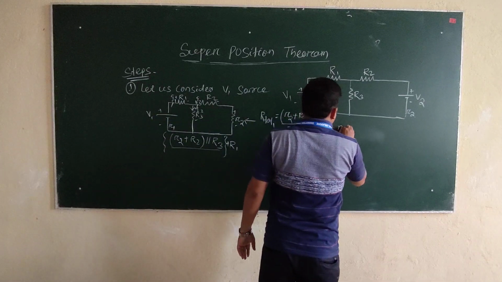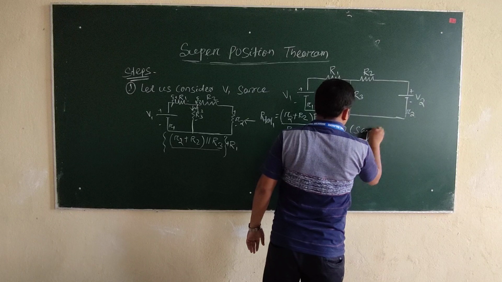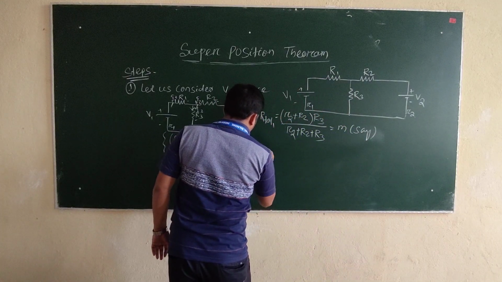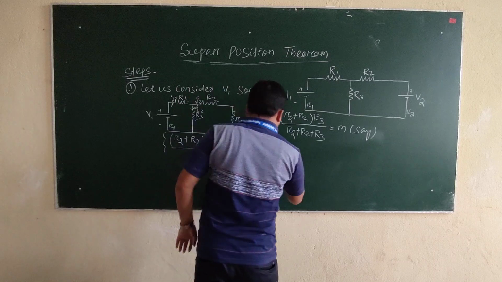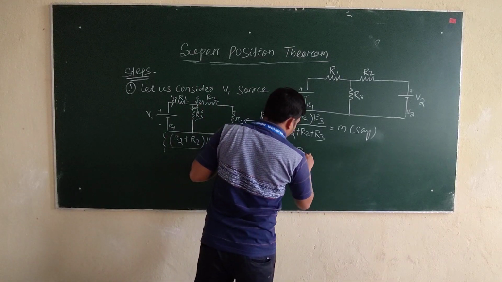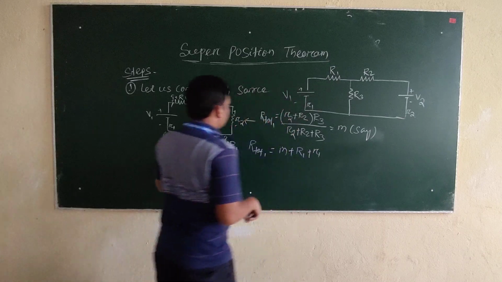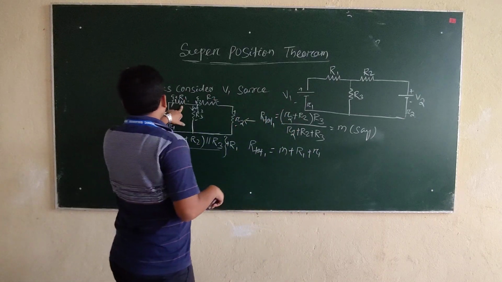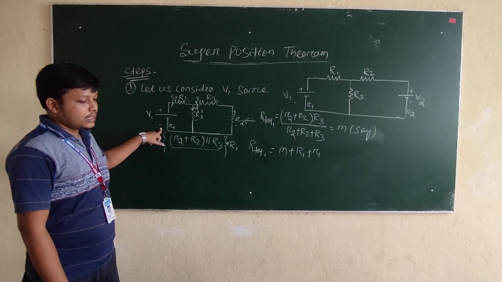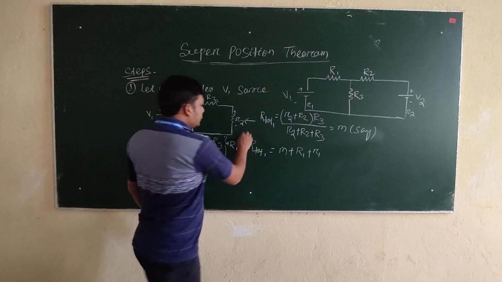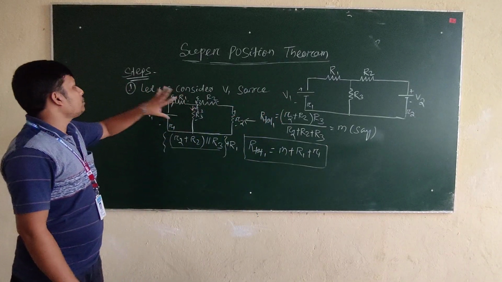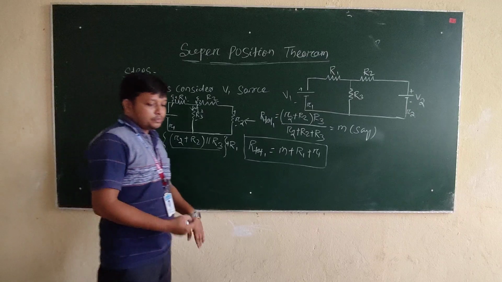Sorry, this is R2. Let us say this is M. So now R total 1 is equal to M plus R1, in series with R1. This r1 is the internal resistance of the source. So this is the total resistance of the circuit for the source V1.